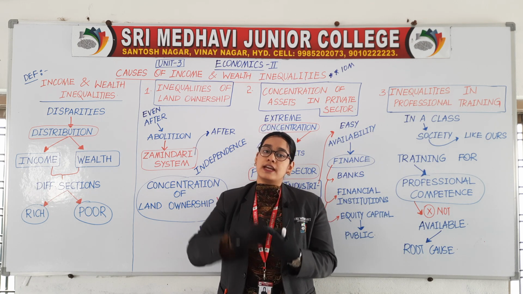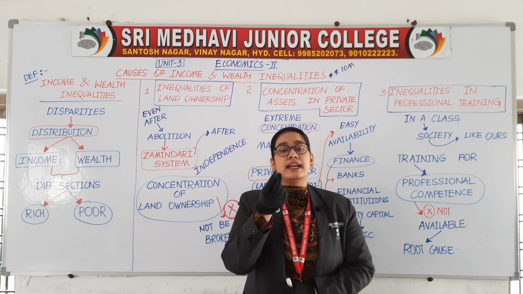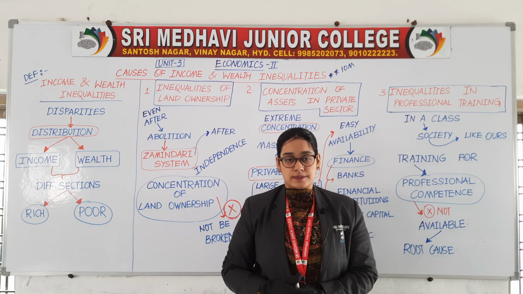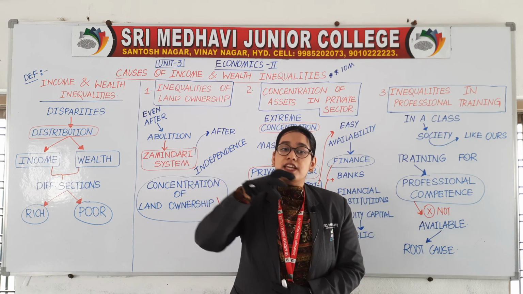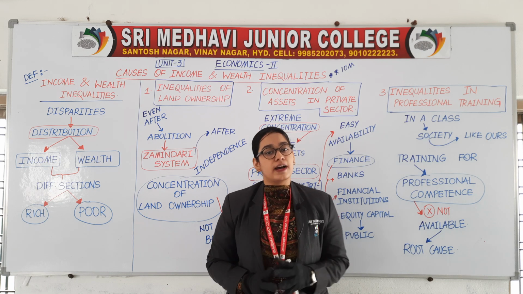From morning to night I need to work for them, and in return I used to get very meager wages, very little wages. In this manner they used to exploit small farmers.